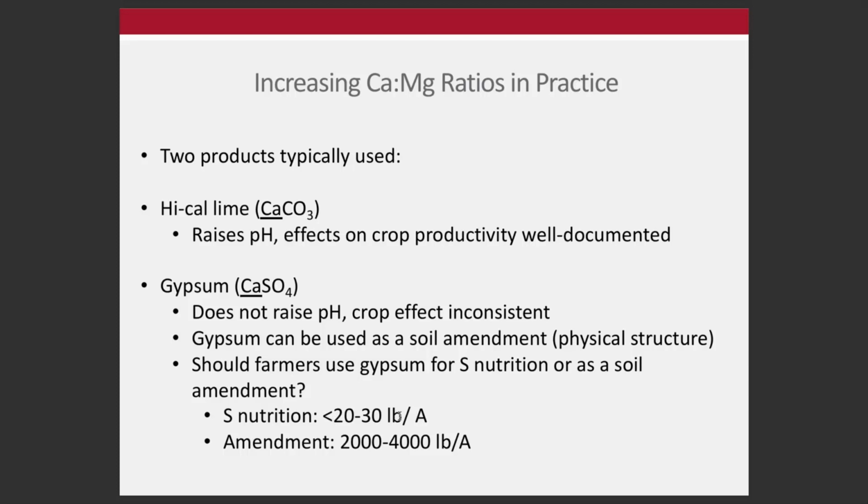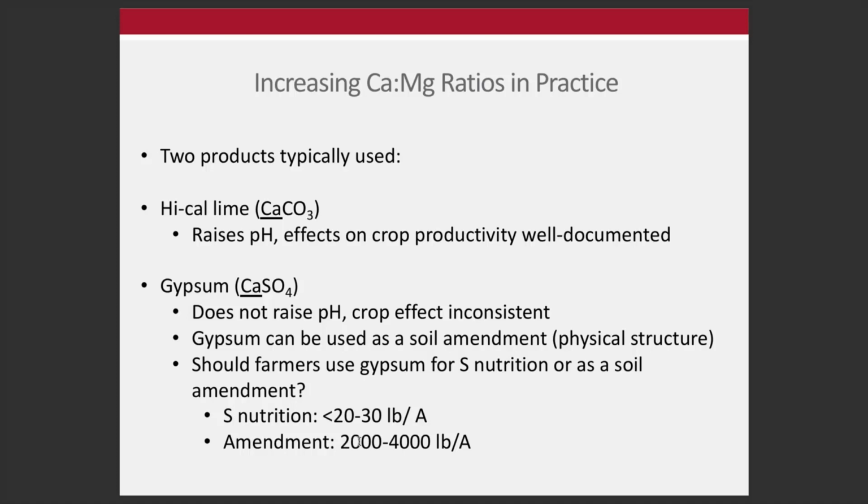But when we're applying, say, a ton of gypsum, the application rates are 2,000 to 4,000 pounds per acre. If we assume 16% of that is sulfur, it's still in the hundreds of pounds. It's a whole order of magnitude different than what a crop will actually need.